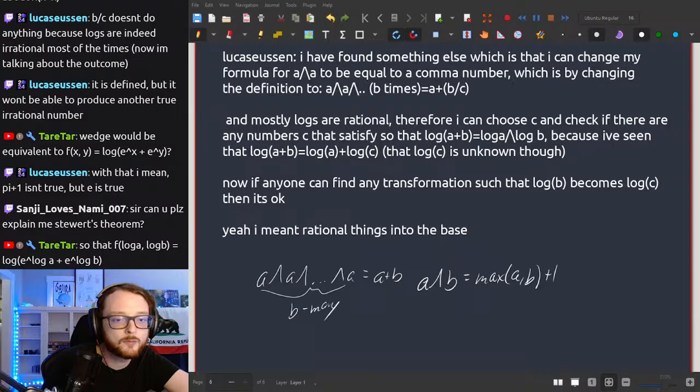Stewart's theorem. Yeah, sorry, I don't really know this theorem. I'm sorry.